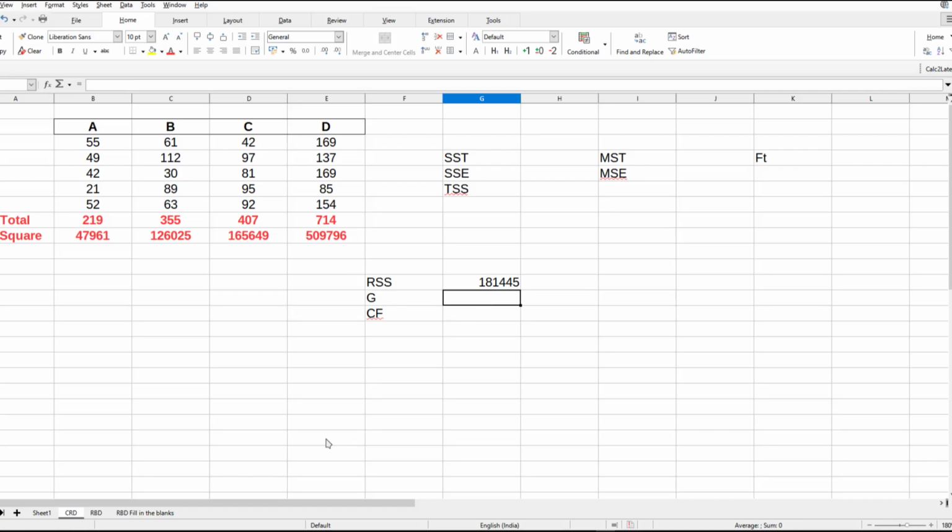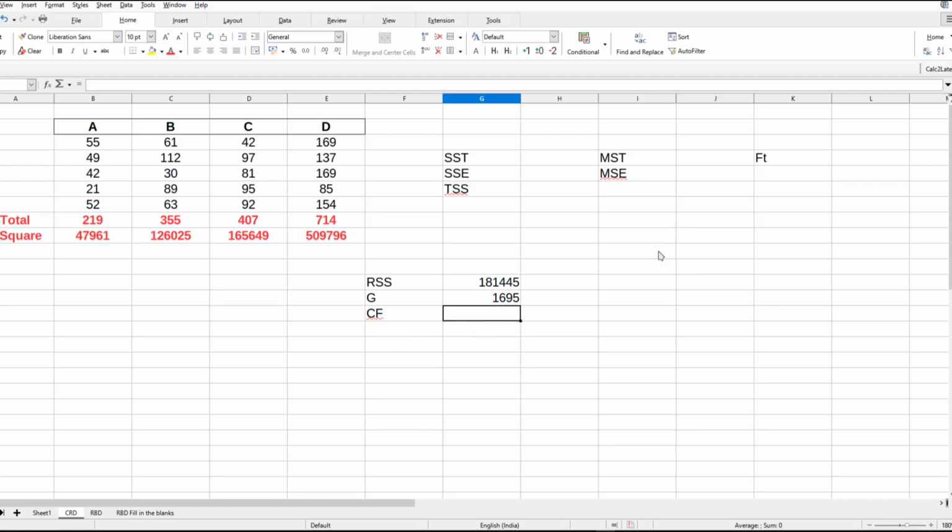Now I need G. G is the grand total. Grand total means you have to add them. So this time a simple sum of all these values, and the grand total is 1695, right? So what is the correction factor?